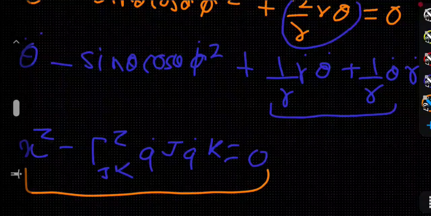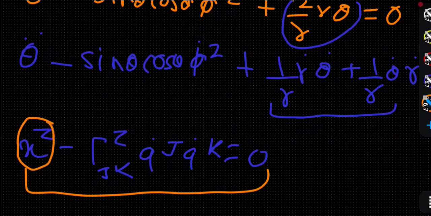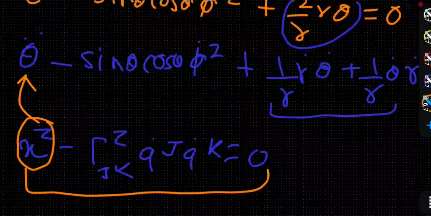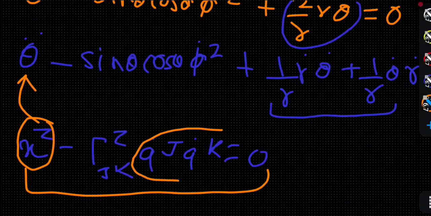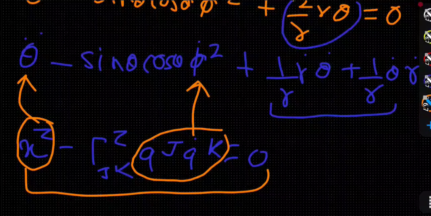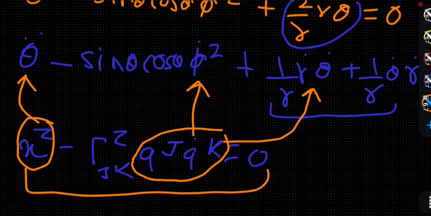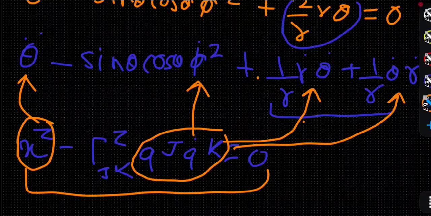If we compare, in place of ẍ^τ there is θ̈. Yes, this is true. There are three terms. The role of ẋ^j ẋ^k is played by φ̇² in this equation, by ṙθ̇ in this equation, and by θ̇ṙ in this situation. So all the coefficients are Christoffel symbols.